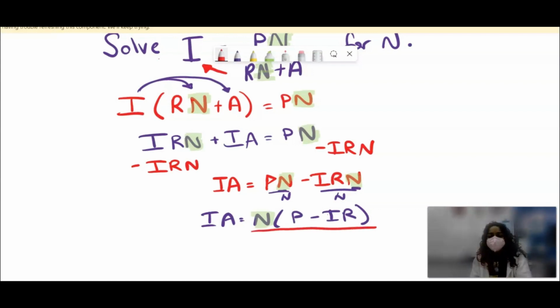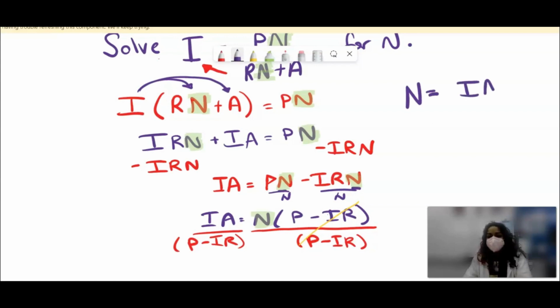So I'm going to divide by my quote-unquote grocery bag on both sides. These cancel out. And this is my final equation. N equals IA over P minus IR. And we've solved it.